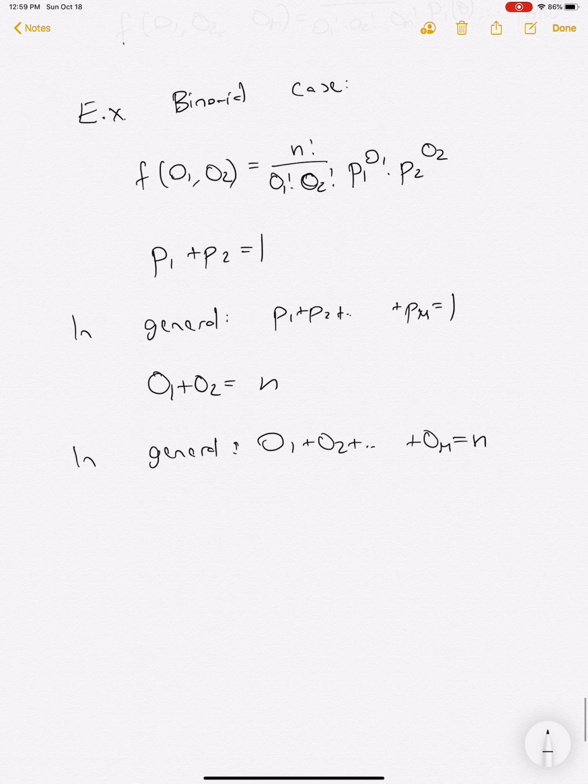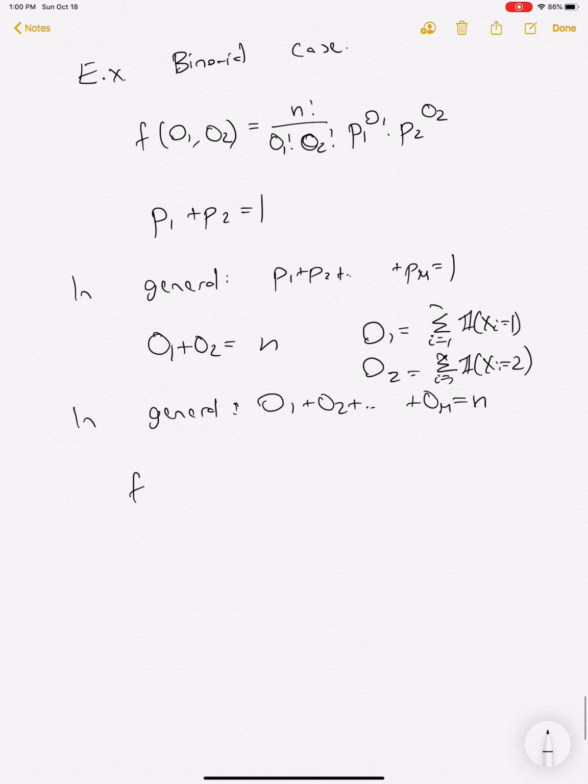And so if you rewrite this out, O1 is the summation i equals 1 to n of the indicator that xi is equal to 1, and O2 is the summation i equals 1 to n of the indicator that xi equals 2. Often we refer to this in the case of the binomial as 0 and 1, but it's effectively the same thing.